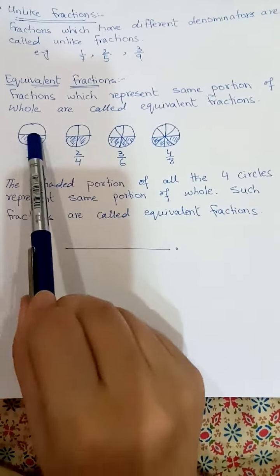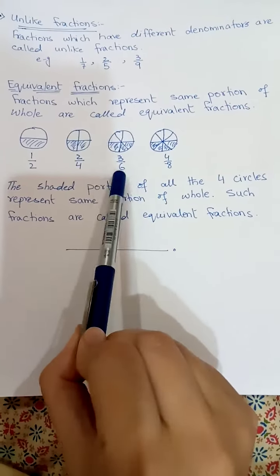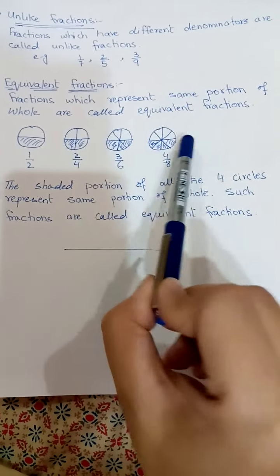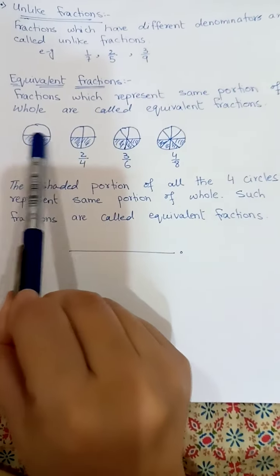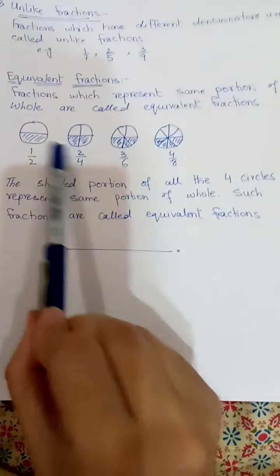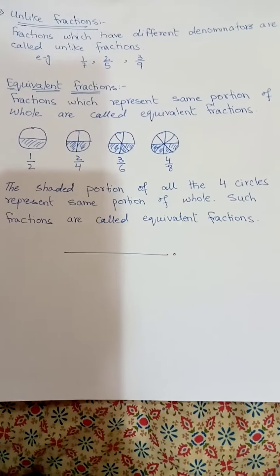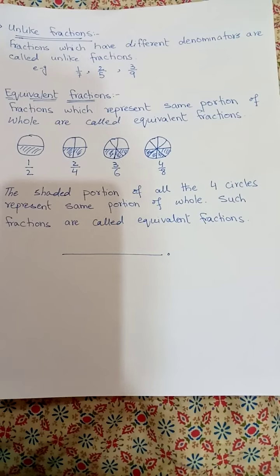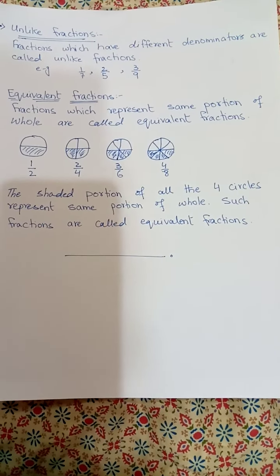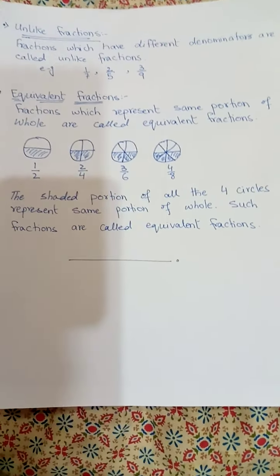You can see it's divided into two parts, it's divided into four parts, it's six, it's eight. And you can see that all are shaded in the same portion. So the shaded portion of all the four circles represents same portion of whole. Such fractions are called equivalent fractions.